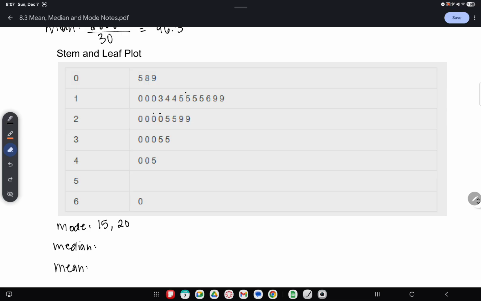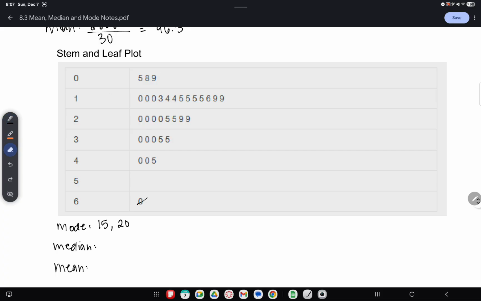The median, I can just cross off. Instead of writing them all out, I can just cross off the digits. So smallest, highest, smallest, highest. And then cross it off until I meet in the middle. I've already lost.